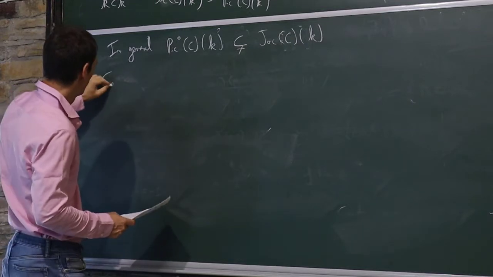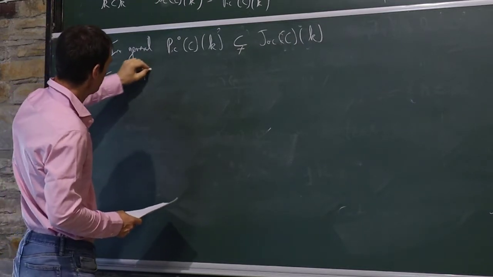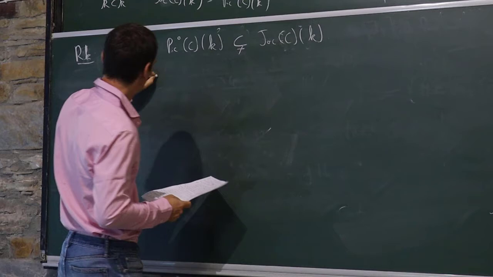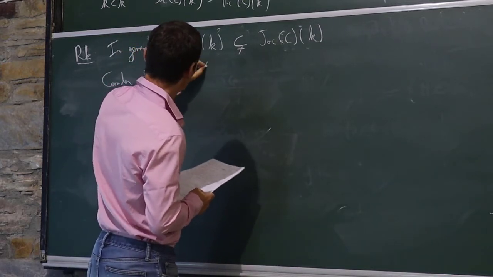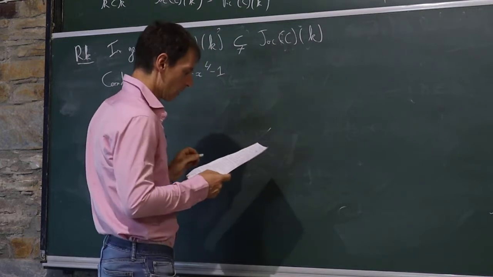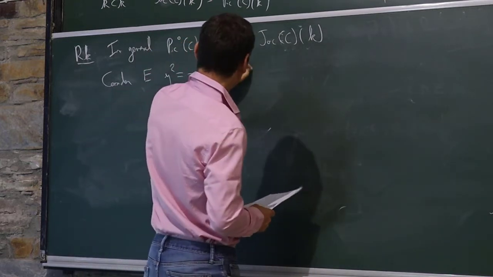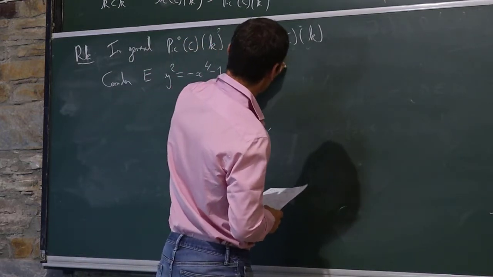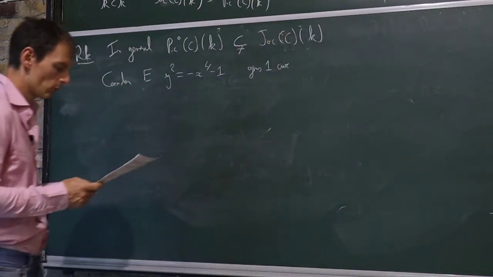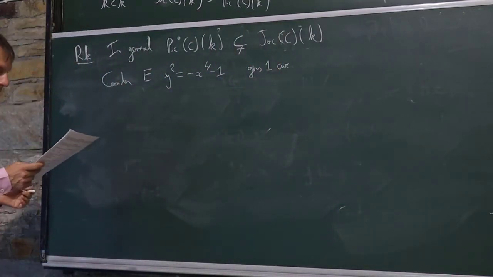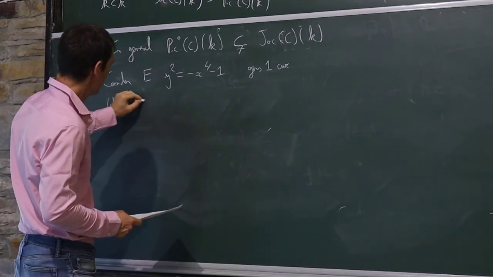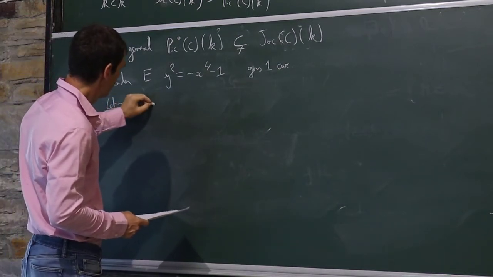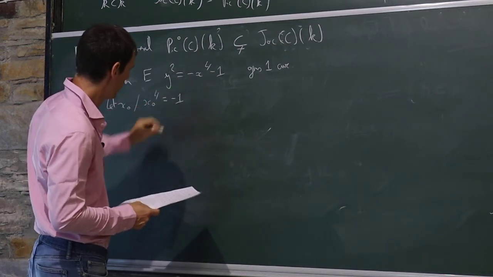Consider E defined by y^2 = -x^4 - 1. This is a genus 1 curve, at least when you take its non-singular model. And let now x_0 be a solution of x_0^4 = -1.